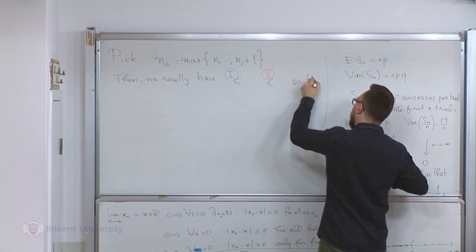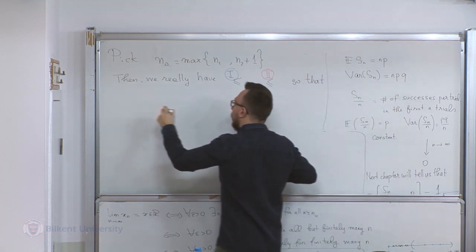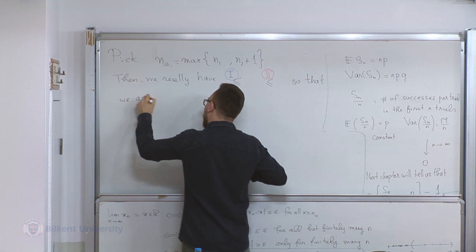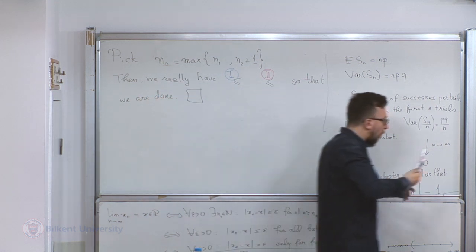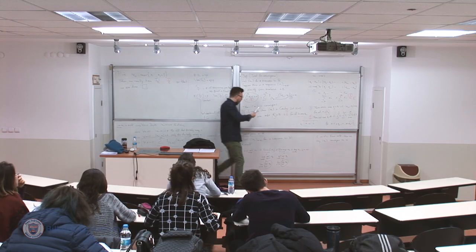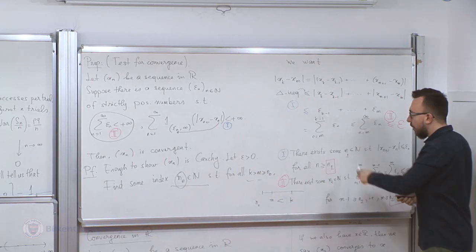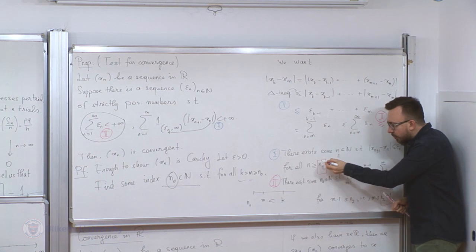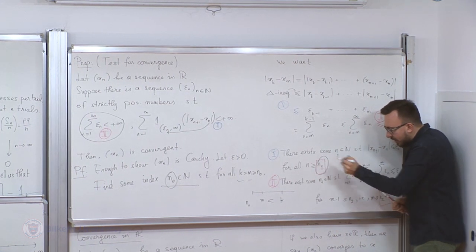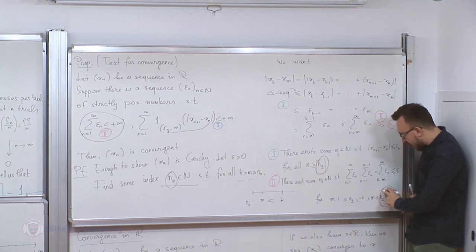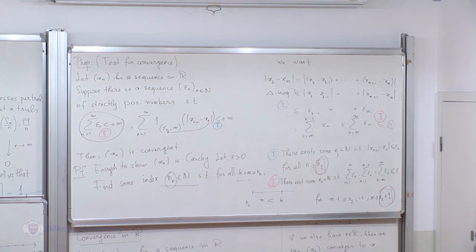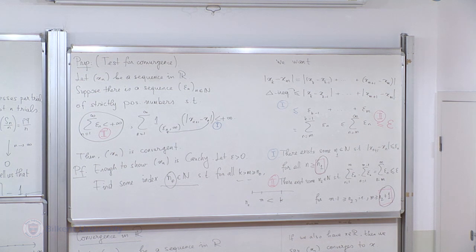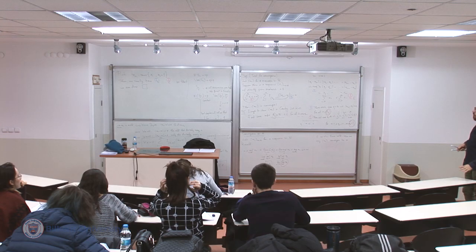So that we are done. We were to choose some index n0, after which we have all of those. And now if I choose my n0 as something larger than this, and also something larger than this, we always have those inequalities. Okay. So that's the proof of the test for convergence for just real numbers.